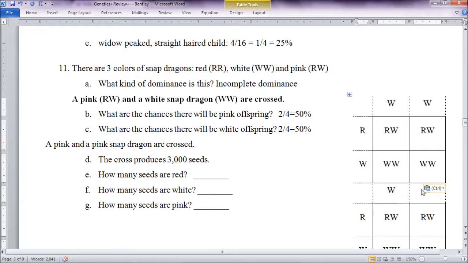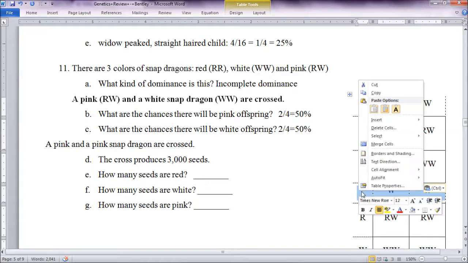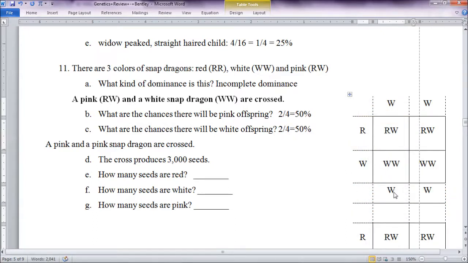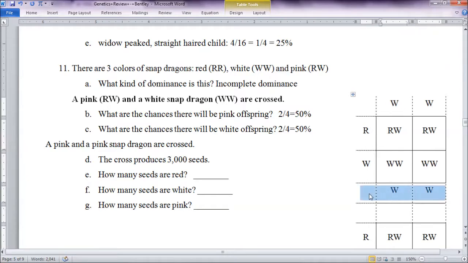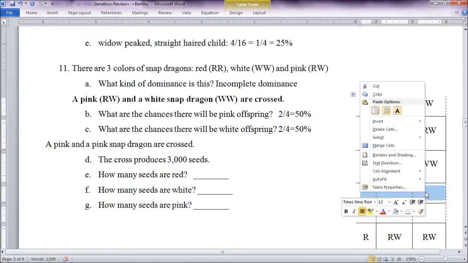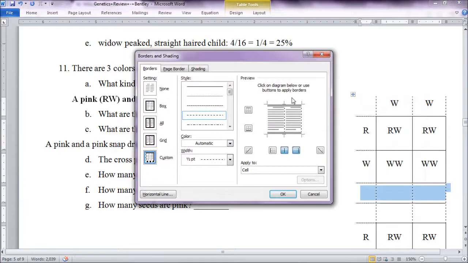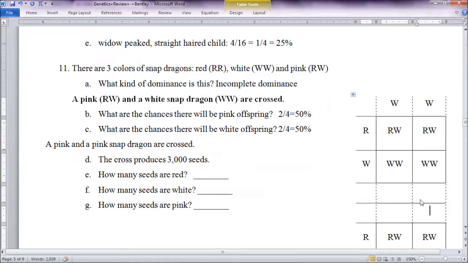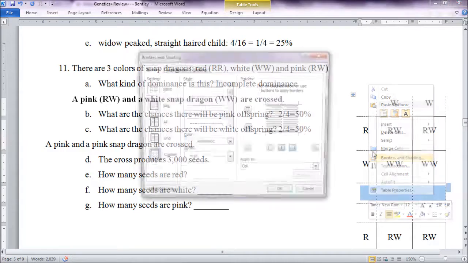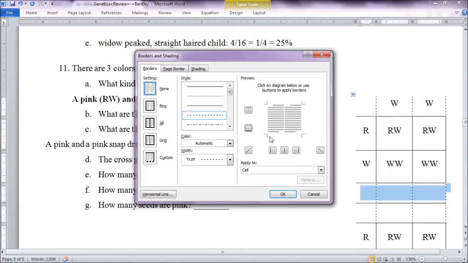Alright, so let me add a row here. Lovely. Make this all invisible so you can't see it, and you'll just pretend that it's not there. That didn't work. There we go.